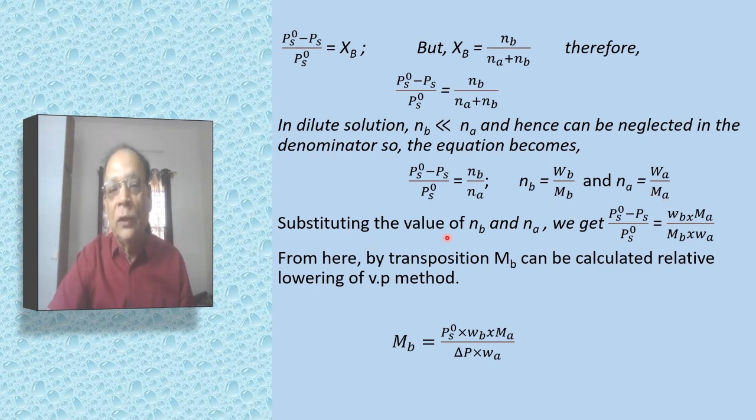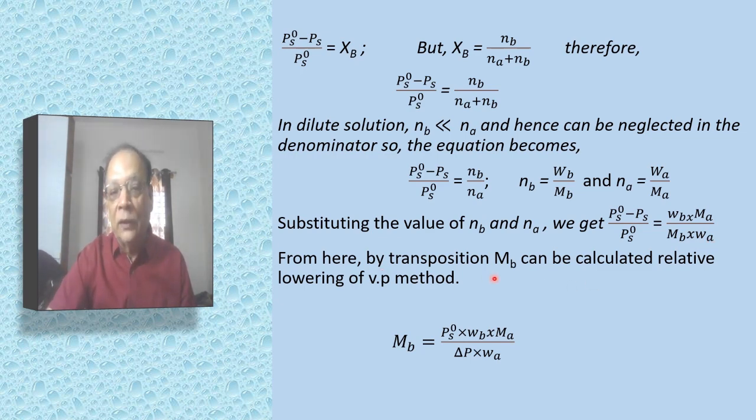So, substituting the values of Nb and Na, we get P0s minus Ps divided by P0s equals the weight of solute multiplied by the molecular weight of solvent, divided by the molecular weight of solute multiplied by the weight of solvent.